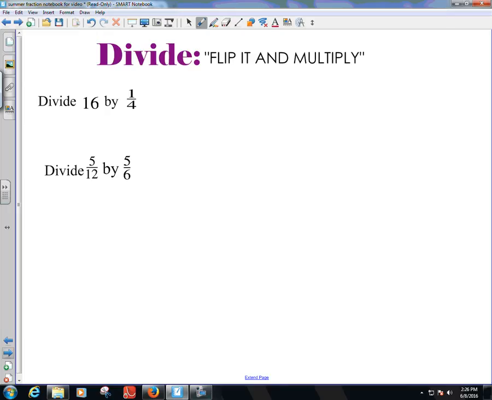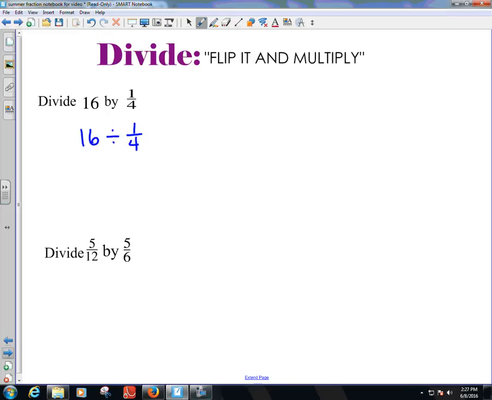The last thing that we need to do is divide. And when we divide fractions, flip it and multiply is the phrase that we use. So let's talk about 16 divided by 1/4.